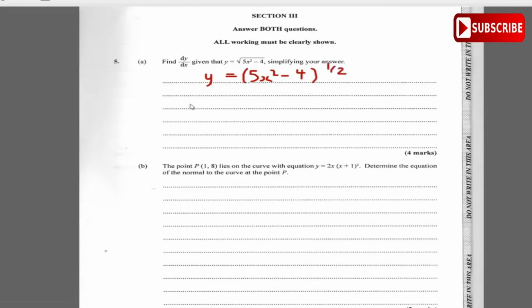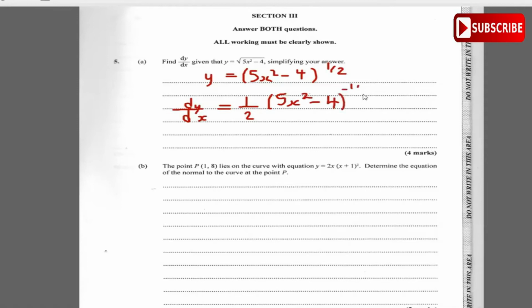Now you can find dy by dx by saying dy by dx is equal to carry down the power. So you bring down the half, subtract 1 from the power. So you write 5x squared minus 4, and you raise it to the minus half.